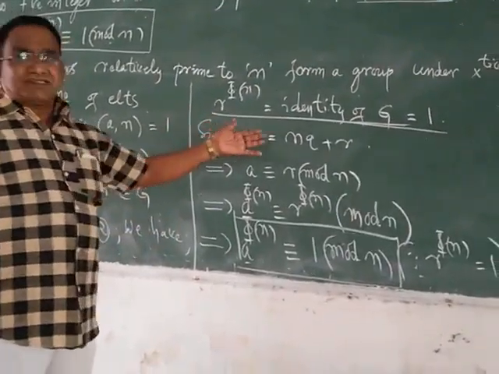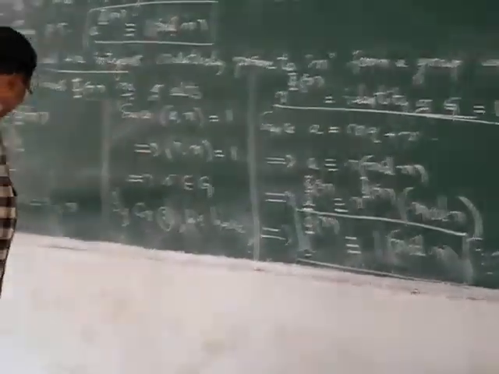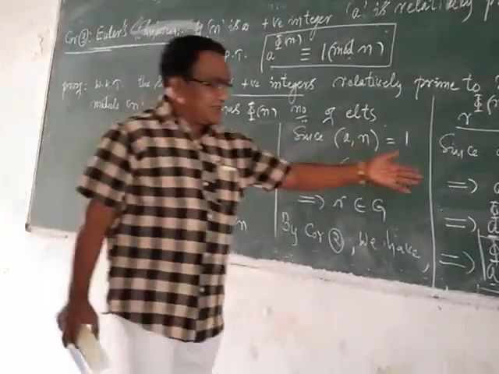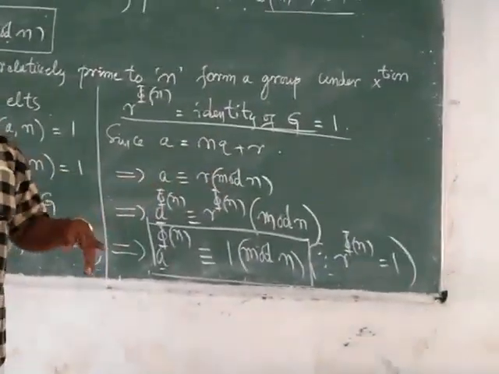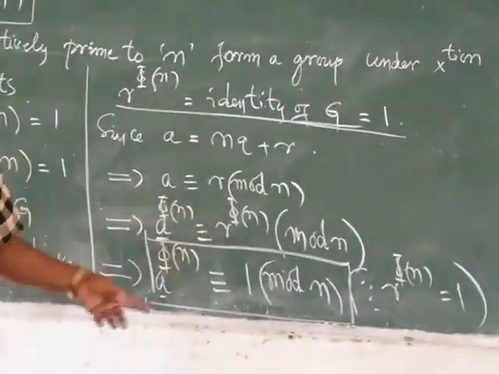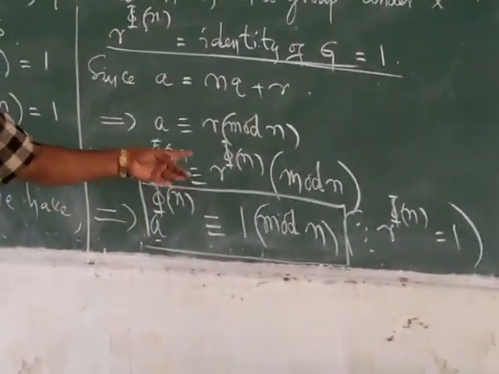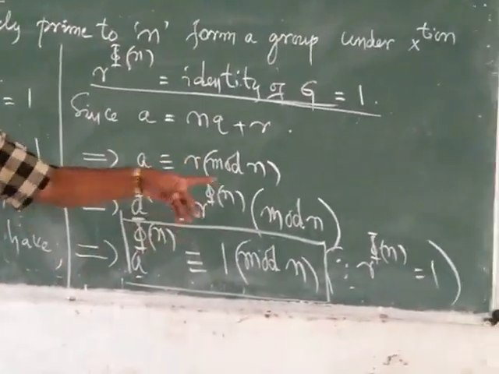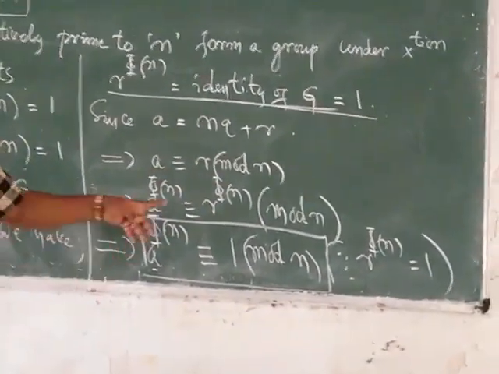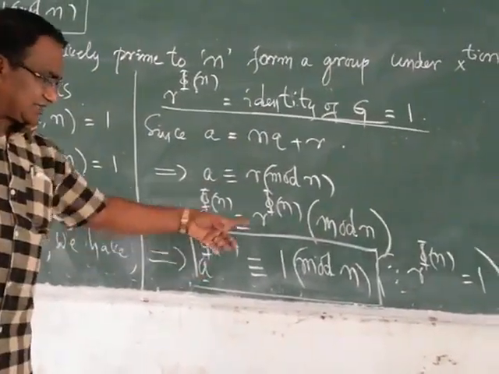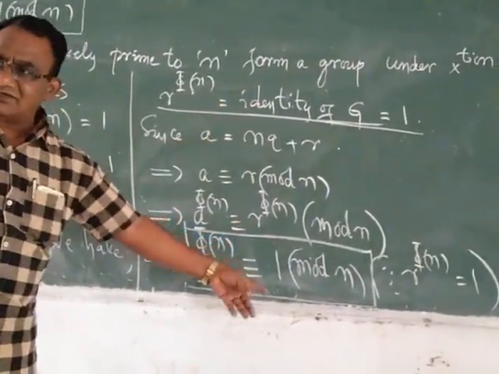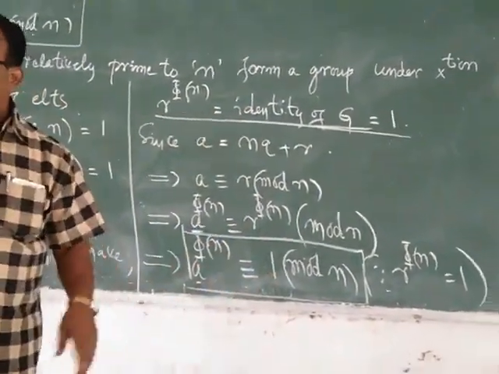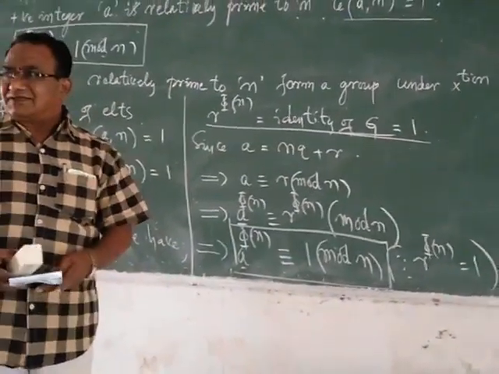Since A = nQ + R, A is congruent to R mod n, and raising both sides to the power phi n, A to the power phi n is congruent to R to the power phi n mod n, which is equal to 1 mod n. Hence the proof. Is it clear?